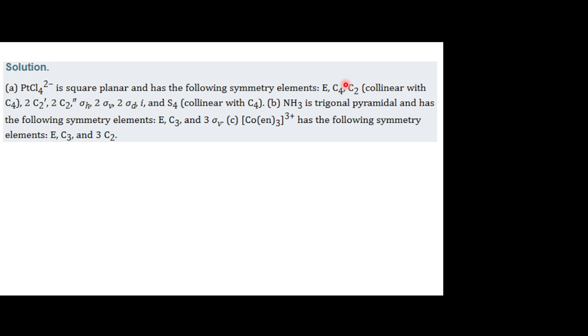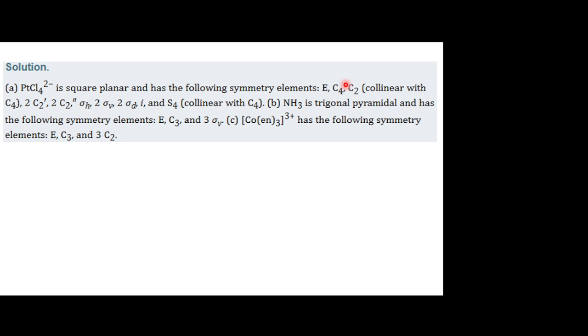The other ones are going to be perpendicular to that. We can rotate around this one right here; that's a C2. We can also take this one and do it; that's the second of those C2 primes.